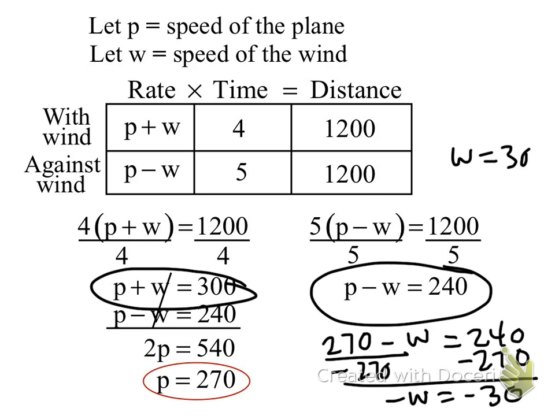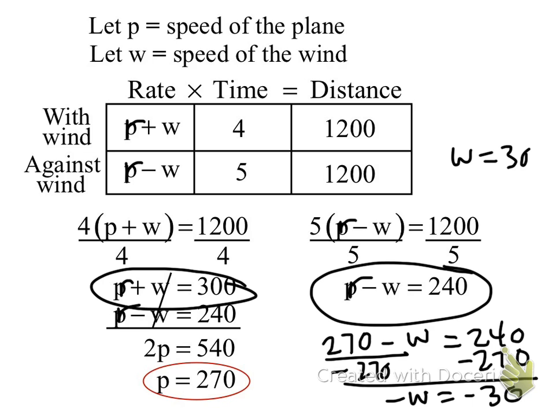Okay, questions? Did the P mess you guys up? Yeah. Okay, so the P they're calling our R. They're calling the rate P, as in plane, instead of rate, but it means the same thing.